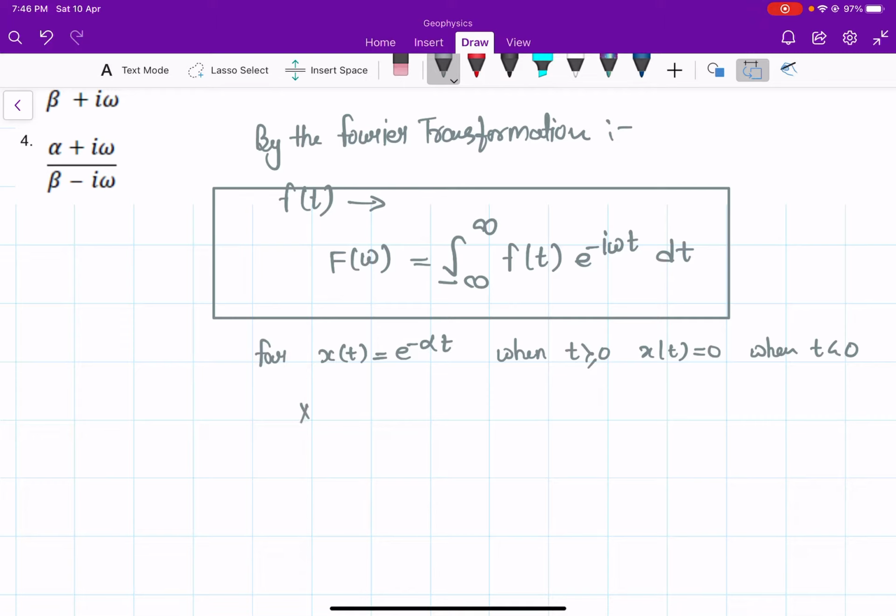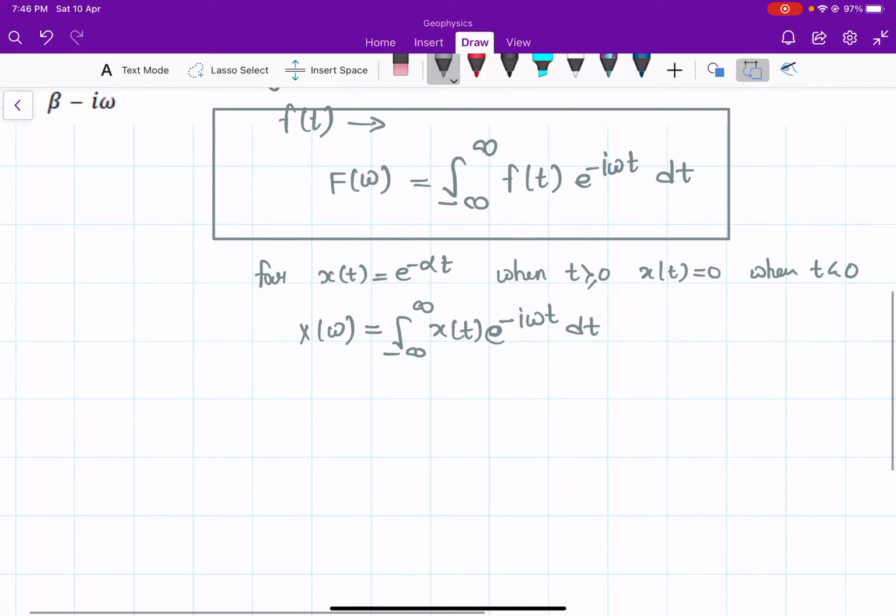So X(ω), that is the Fourier transformation of x(t), is equal to the integral from minus infinity to infinity of x(t) e^(-iωt) dt.